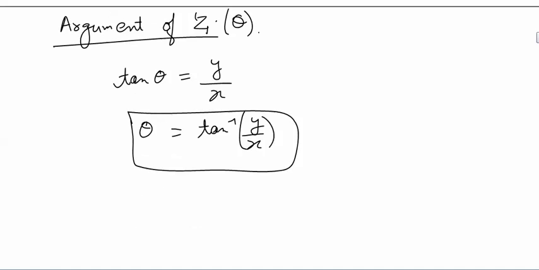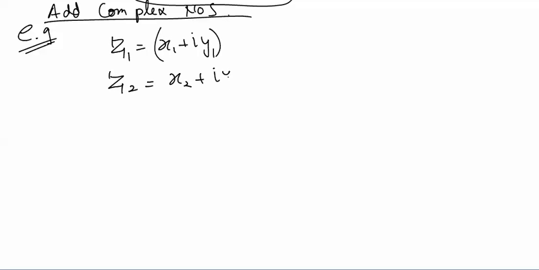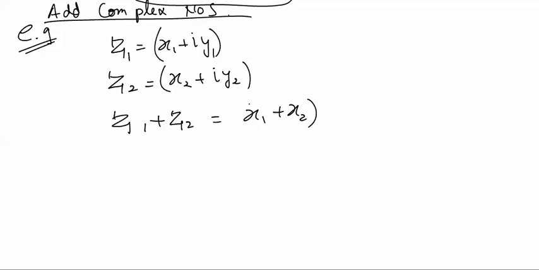We know how to add complex numbers. Simply, if z1 is equal to x1 plus iota y1, and z2 is x2 plus iota y2, then z1 plus z2 is nothing but x1 plus x2 as the real part plus iota times y1 plus y2 as the imaginary part.